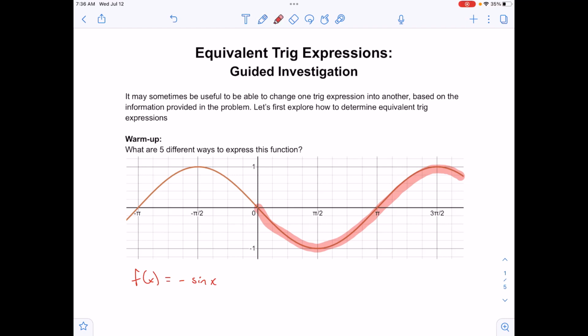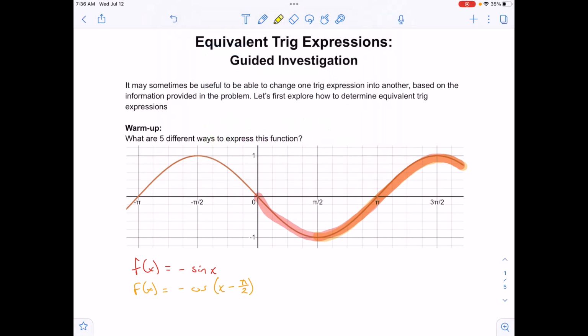Another way that you might see it would be as a negative cosine, starting with the negative there. So a negative cosine, and then there's also been a horizontal shift for it to start at pi over 2, so it would be x minus pi over 2.